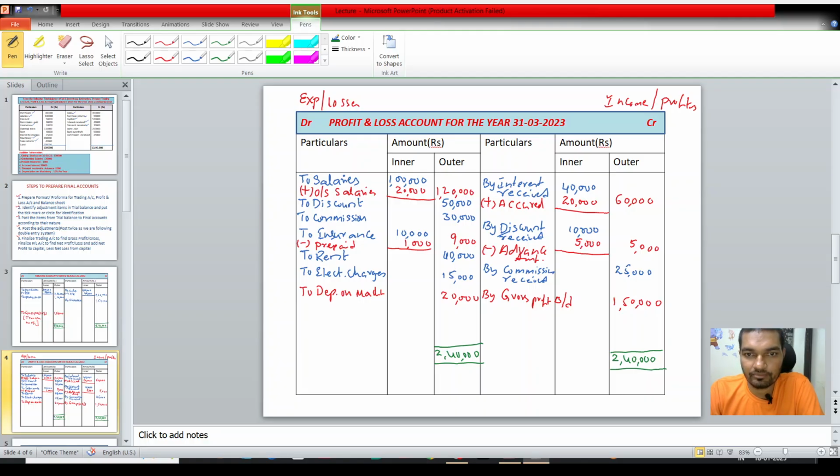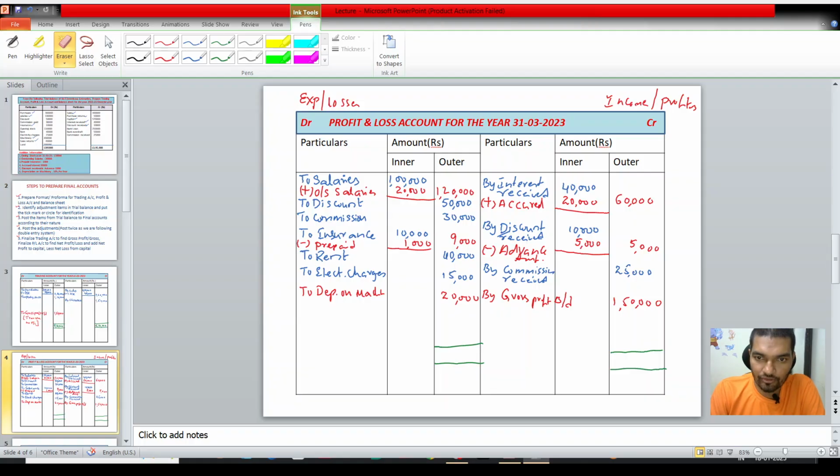By looking at this balance, we can understand that the debit side balance is more than the credit side balance here. So what we need to do? Again we need to verify clearly here. The debit side balance is higher, because 1,20,000 is on the debit side.